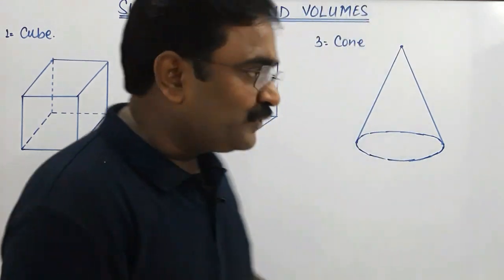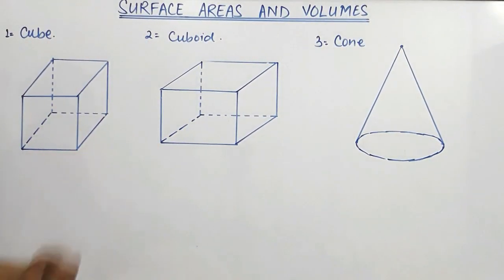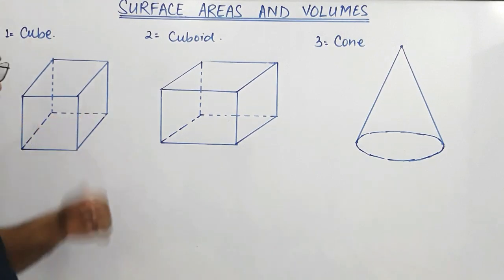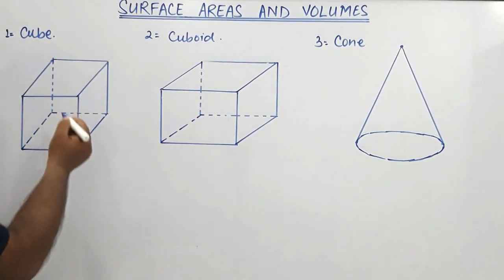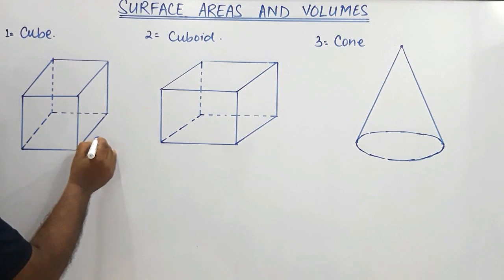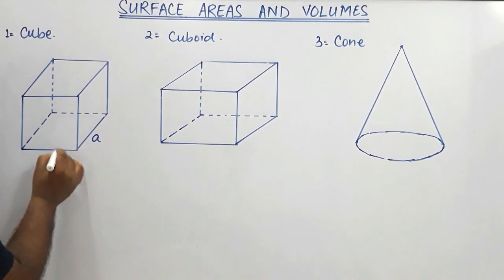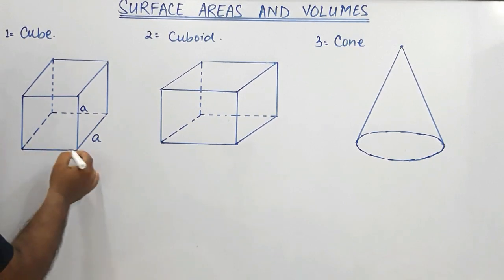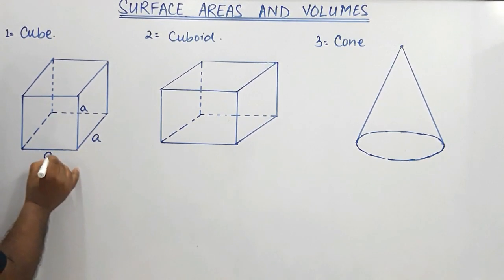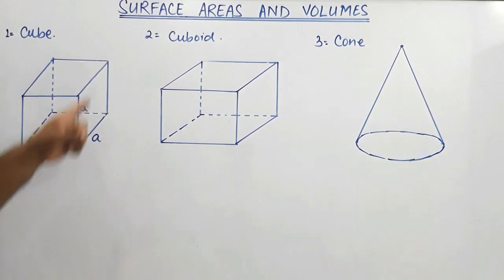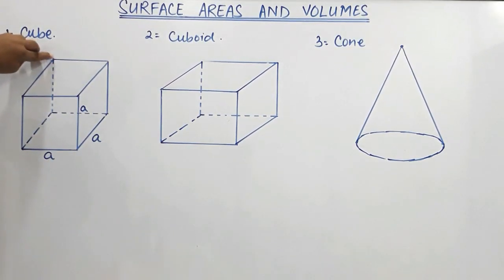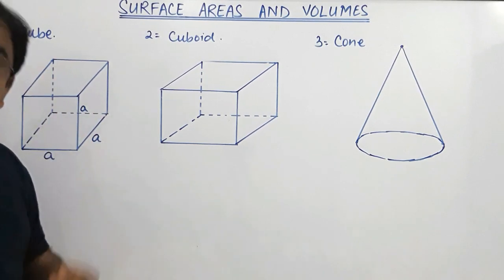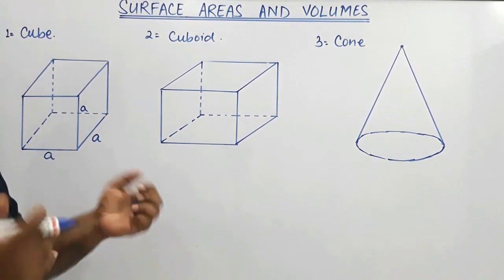First of all, we have taken the solid cube. In this cube, as you know, all the sides are equal. If all the sides of the cube are equal, so length, breadth and height are equal, say these are A. What will be the total surface area and volume?